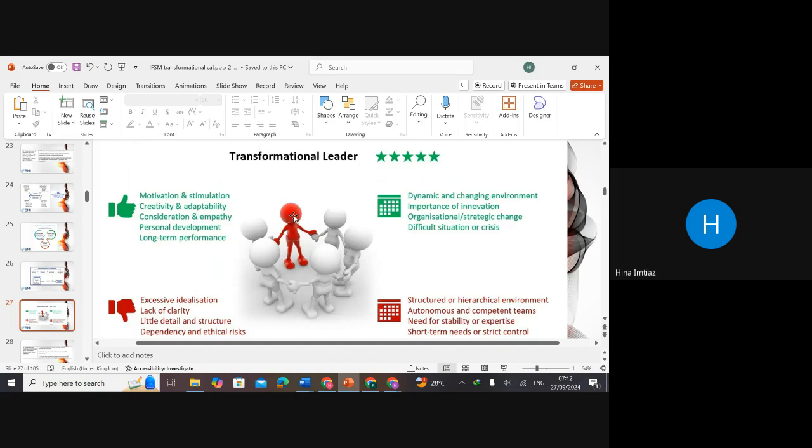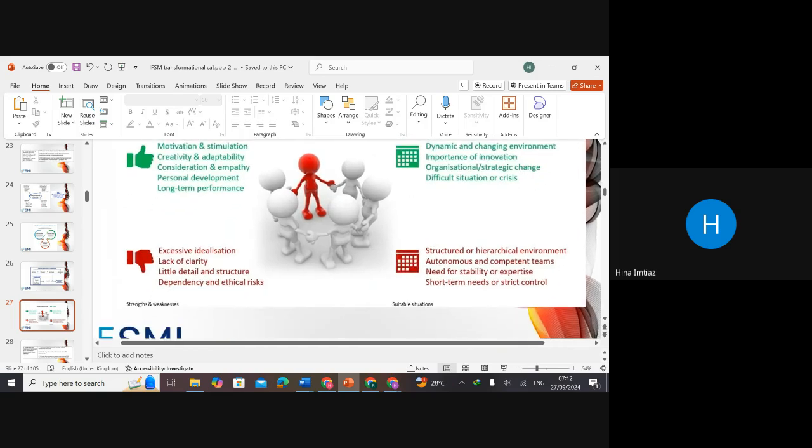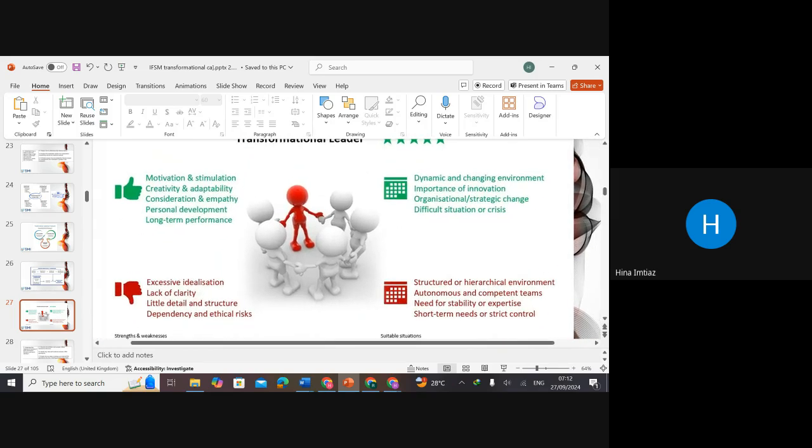So the motivation and the stimulation: this is one of the things. Creativity and adaptability, consideration, and empathy. And again, the long-term performance, which is expected by the leader and by the team as well. As you can see, we want a dynamic and changing environment.